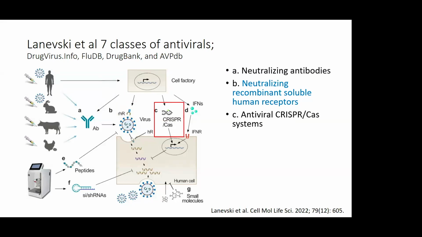The third way of making antivirals, and this is also coming very strong now in research, is the antiviral CRISPR-Cas systems. These are, as you know, the immune systems of the bacteria. They use them to break down phages and nucleic acids and viruses that are invading them. So the Cas systems cut double-stranded DNA and single-stranded RNAs.